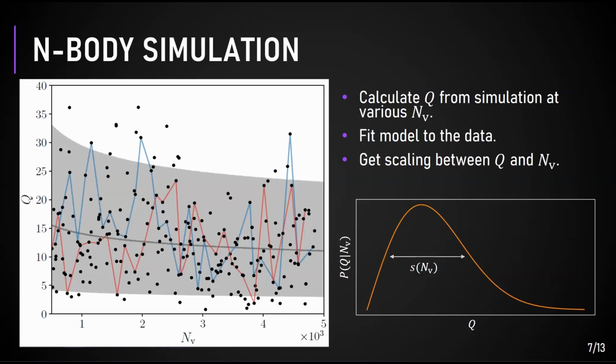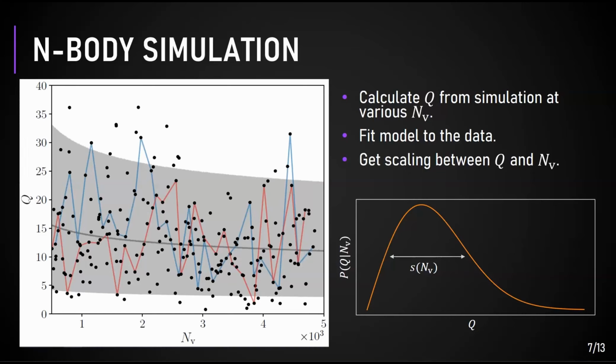The Q here on the y-axis is basically the current quadrupole moment, in physical constants, as a function of the number of vortices N_v. Now, when we do this, we can see that for a particular number of vortices, you can have multiple values of current quadrupole, and the reason for that is because this is an entirely stochastic process. You can have a bunch of different possible configurations that correspond to the same number of vortices, right?